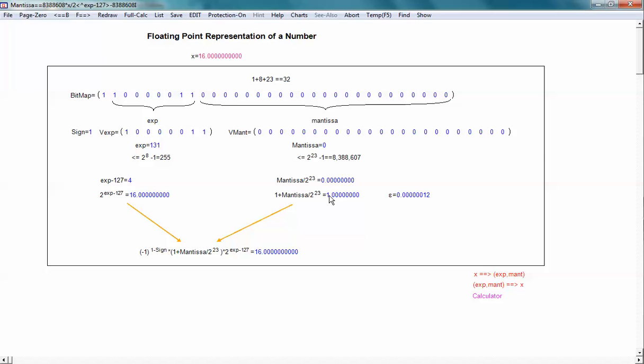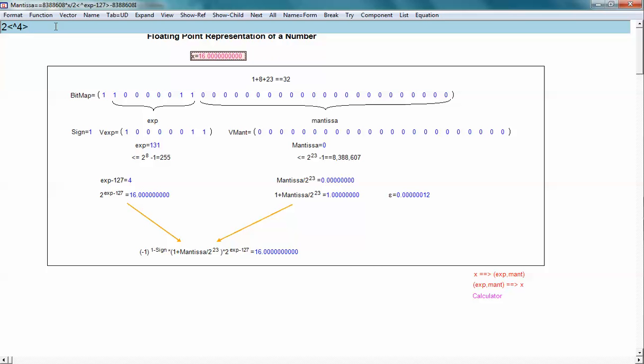Now, suppose I wanted to get a mantissa with a 1 in, say, this slot here. And I'm not concerned about this at all, so I can leave that the same. I would say times 1 plus.